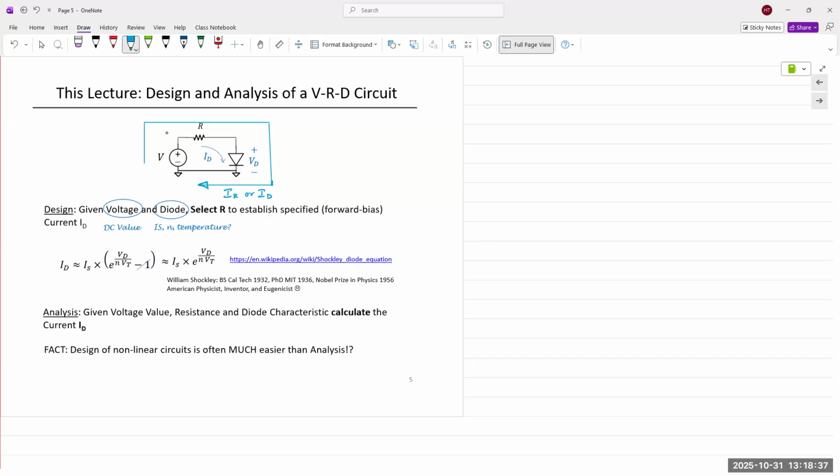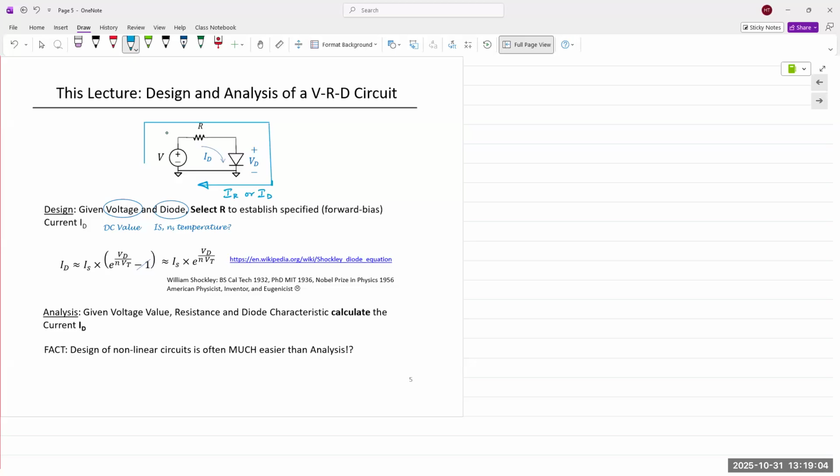Remember the previous example where we were trying to apply a voltage to an LED to turn it on, but we didn't want to burn it out, meaning our goal was to have a specific voltage across the diode, across that LED, and a specific current flowing through it. So it's a similar example. What do we do if we want to have a specific current or specific voltage for a diode?